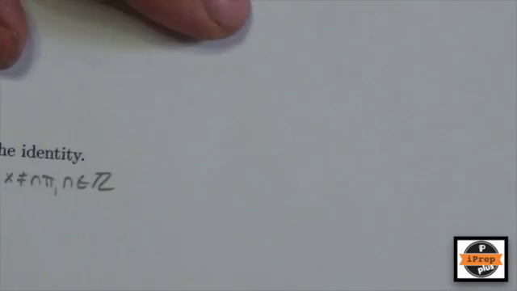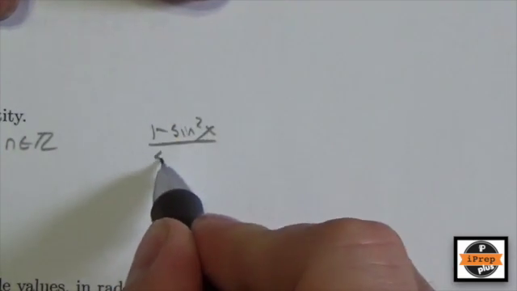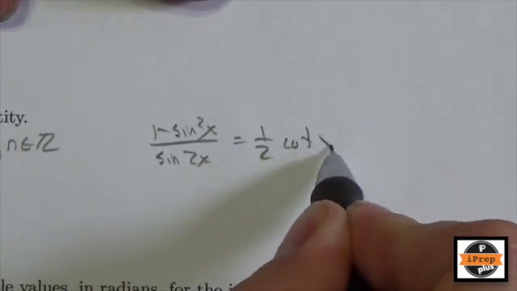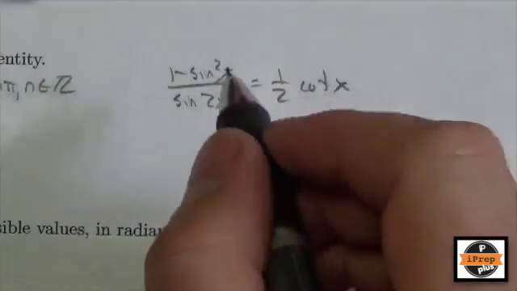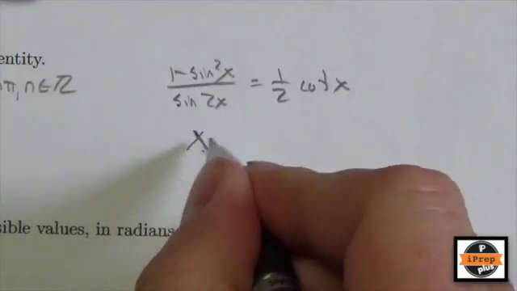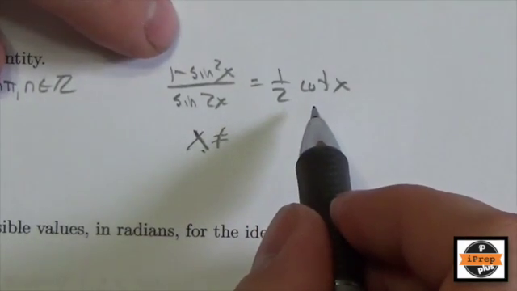So what we might state here is that 1 minus the sine squared of x over the sine of 2x is in fact equal to 1/2 the cotangent of x as long as x does not equal... now what I've got to address here is where they're not equal to each other.